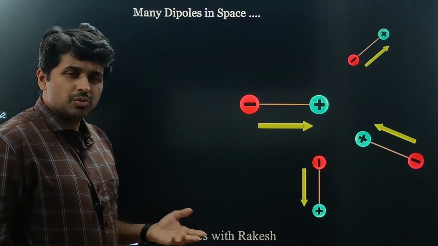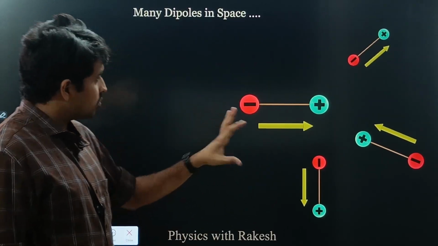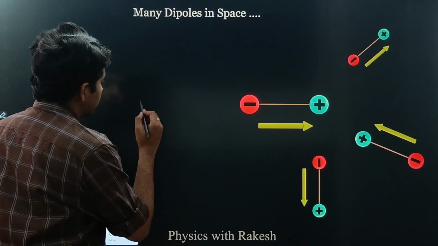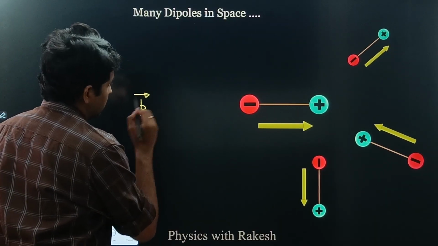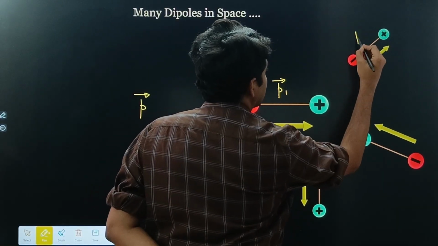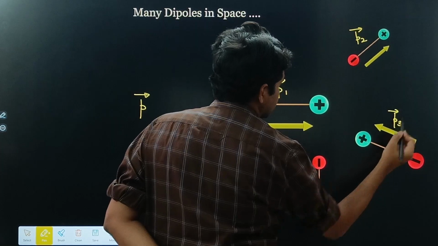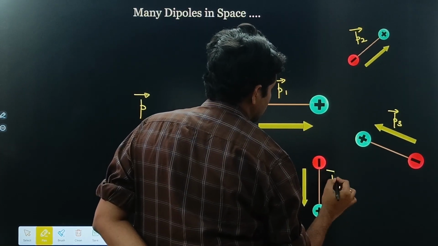Suppose we have many such dipoles in space. So what is the net dipole moment? P bar. Suppose this is P1 bar, this is P2 bar, this is P3 bar, P4 bar, and so on.